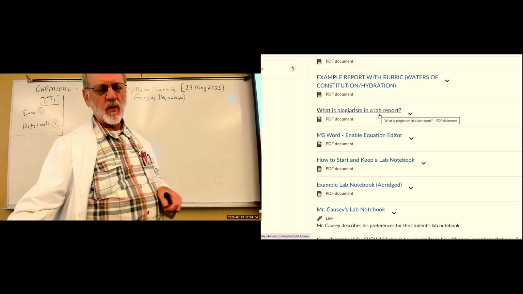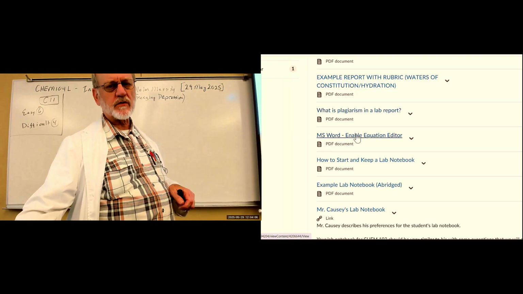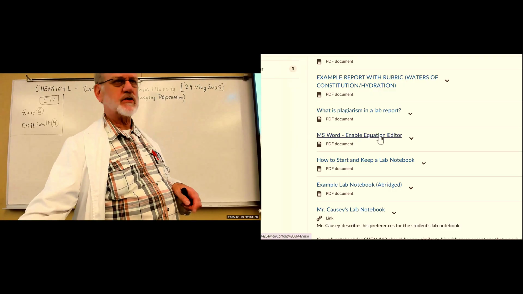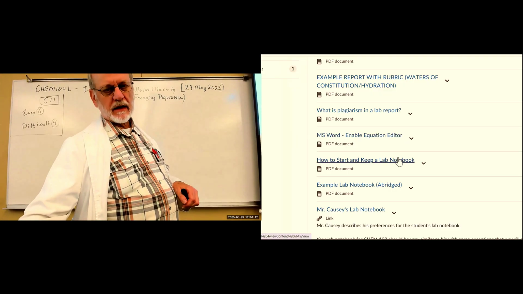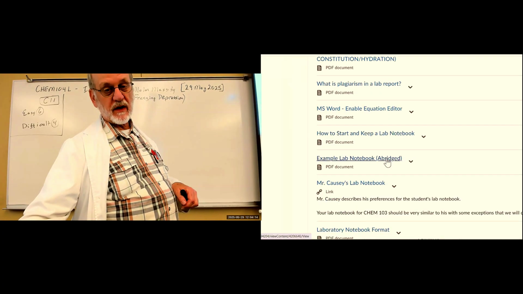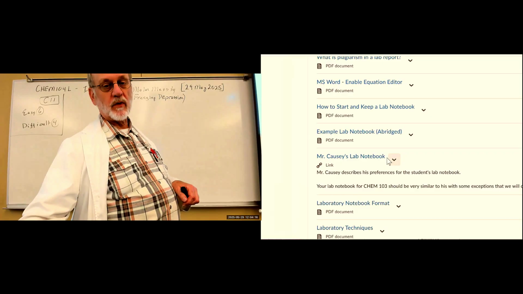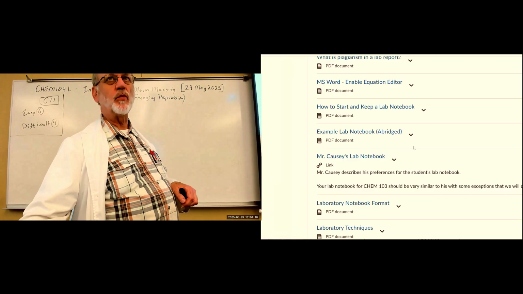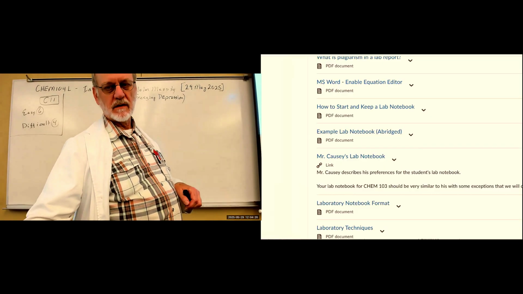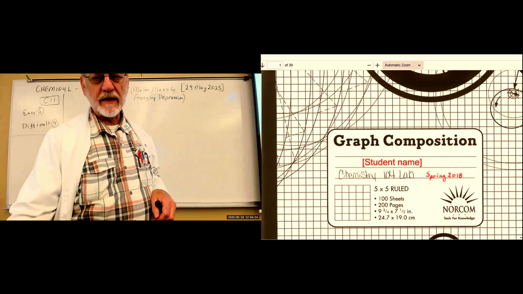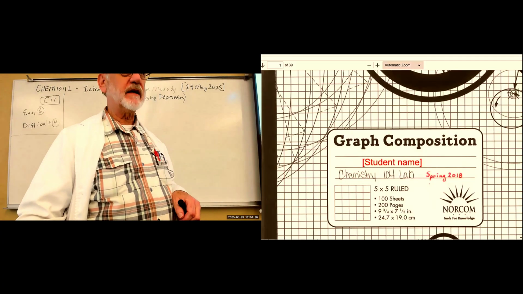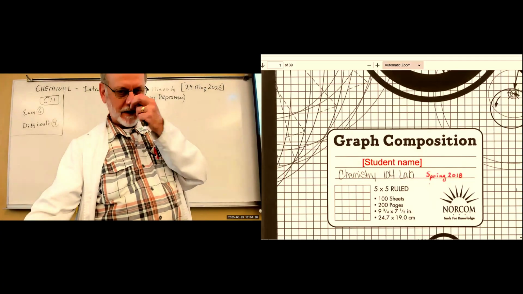If you have to put an equation in there and you're using Microsoft Word, this is how you enable the equation editor. Starting and keeping a lab notebook is there. Here's your sample lab notebook. Let me just open that one so you can see. Notice I took out the personally identifiable information.